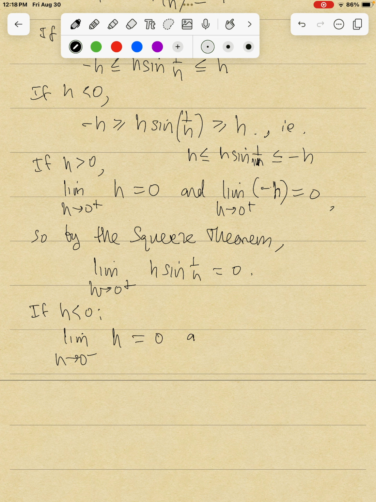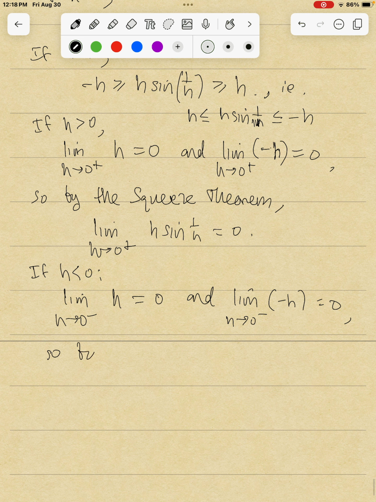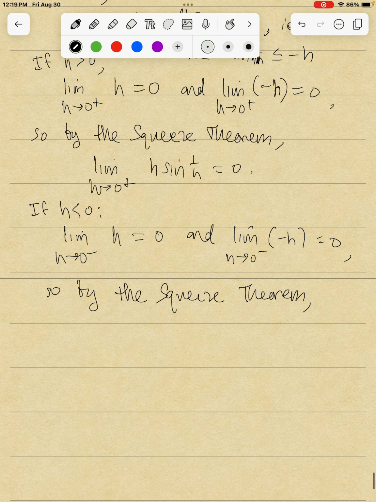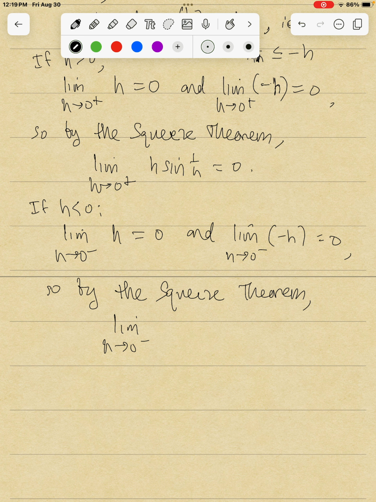This limit is 0, and the limit as h goes to 0 from the left of negative h is 0. So by the squeeze theorem, the limit as h goes to 0 from the left of the inside thing, h sine of 1 over h, must also be 0.